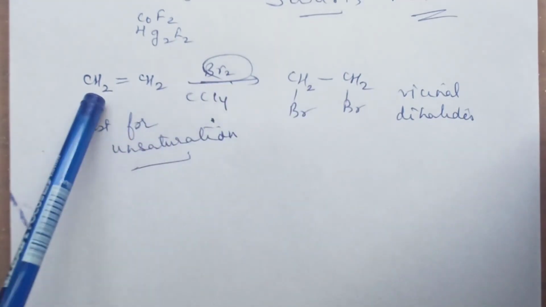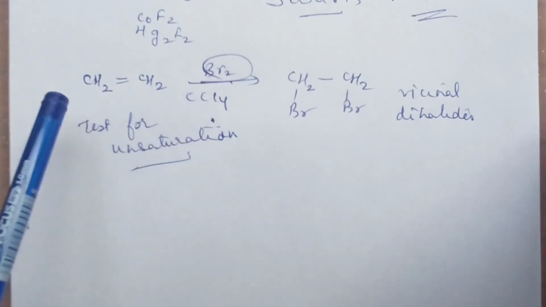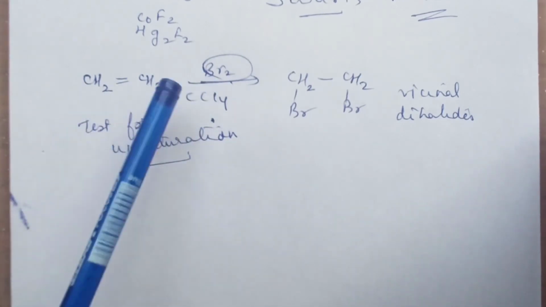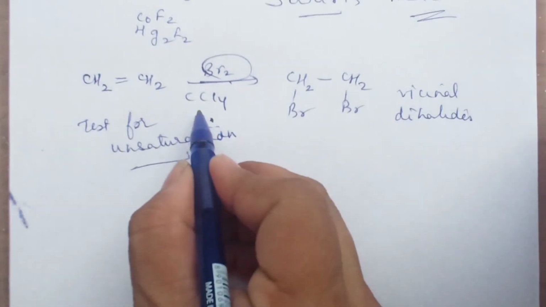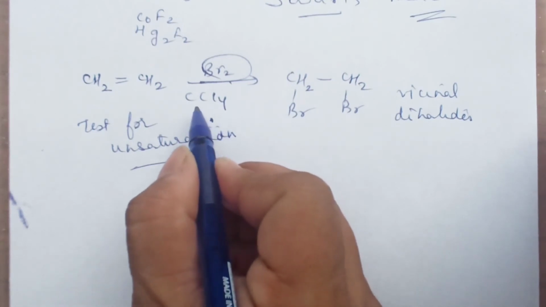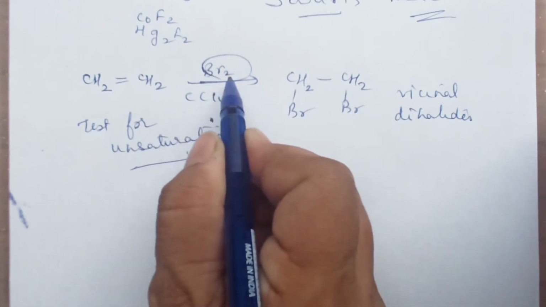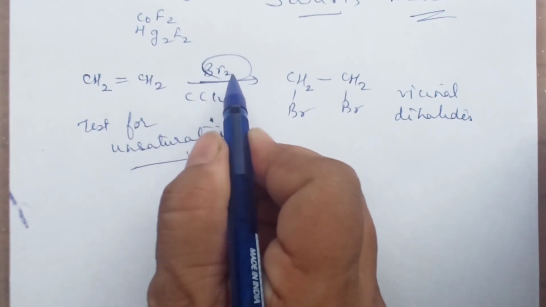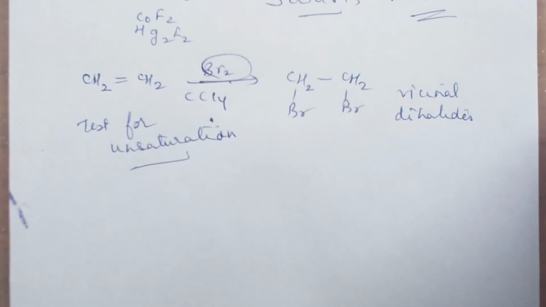That means when you add bromine in the presence of carbon tetrachloride, it decolorizes; the reddish brown color of bromine disappears. Carbon tetrachloride is used to polarize bromine and generate Br plus, because this is also a type of electrophilic addition reaction which we discussed in class 11th in the alkenes chapter.